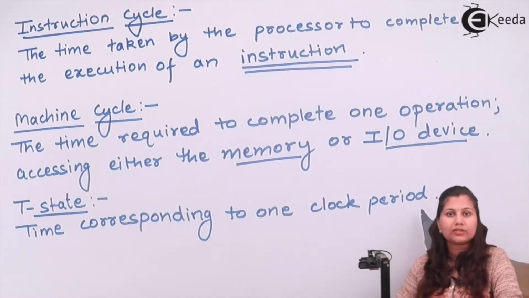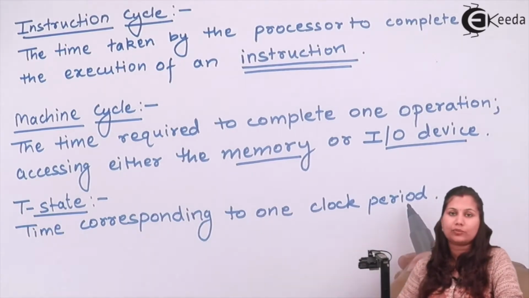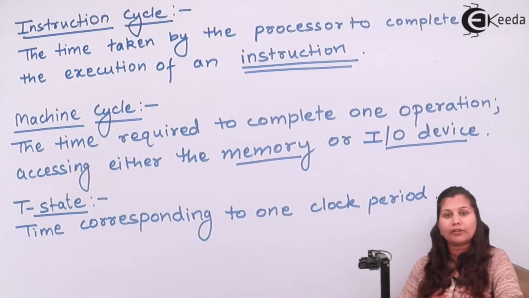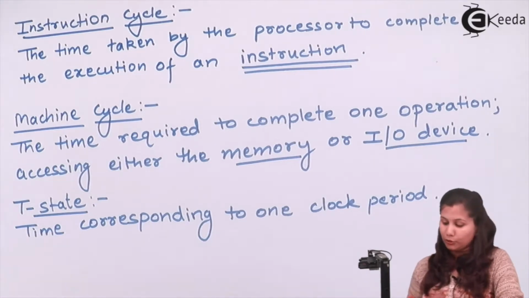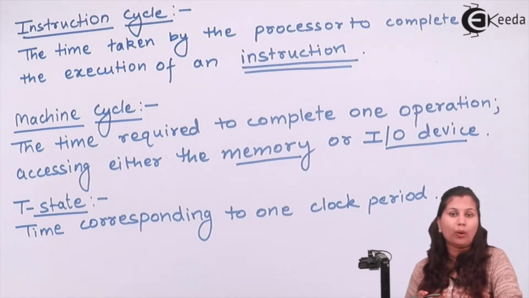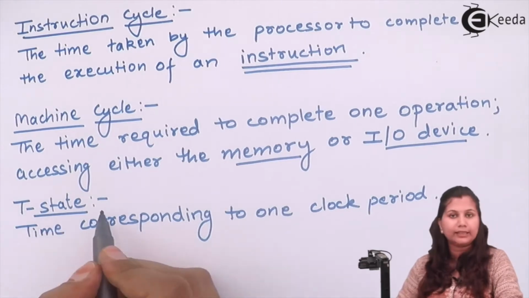Now the microprocessor operations are synchronized with the clock pulses, because we know that the 8085 microprocessor is working at the clock frequency 3.5 megahertz. This clock is the crystal connected to the 8085, and it is providing the clock pulses. So the time which is equal to one clock period is called the T state.